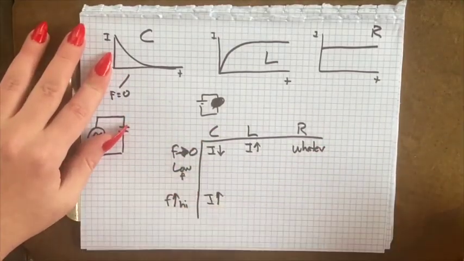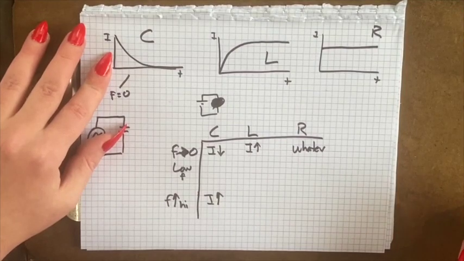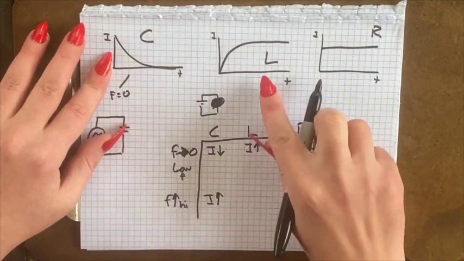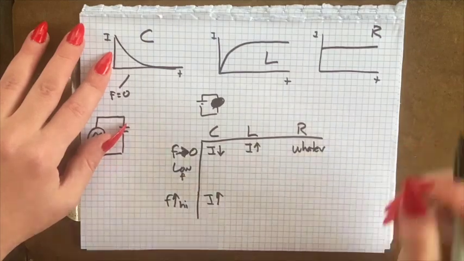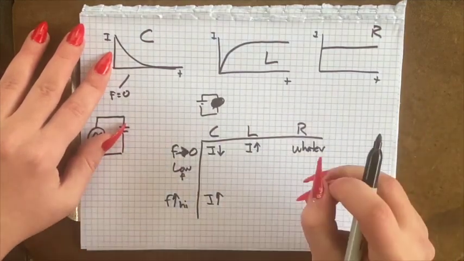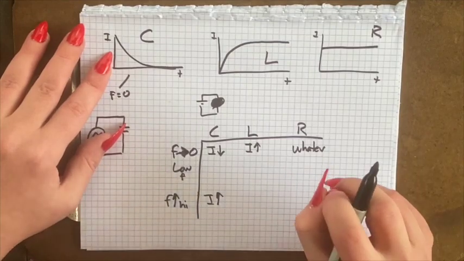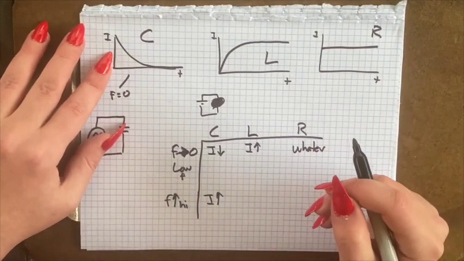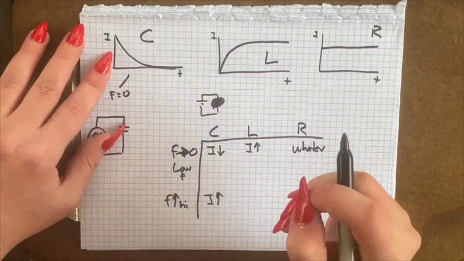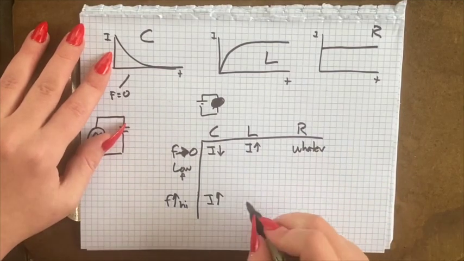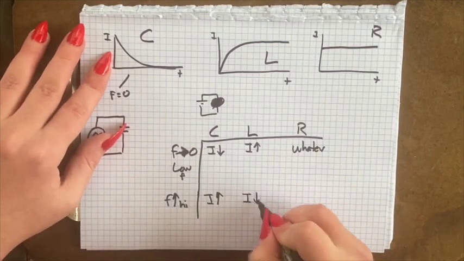So the capacitor is totally fine with that and will have a high current. The inductor, on the other hand, you know from Faraday's law, it doesn't like to see changes, right? So the faster you drive this, the more the inductor hates it and the more it's going to fight back because it needs a lot of time to adapt. So the faster it's moving, the harder it's pushing back.